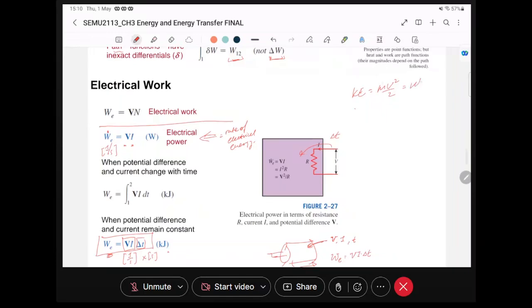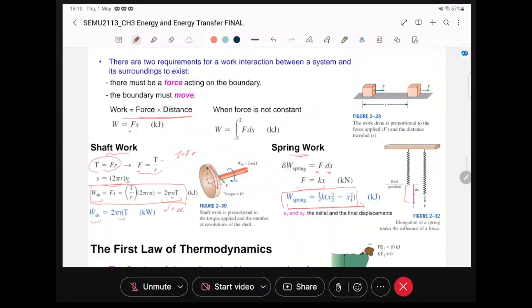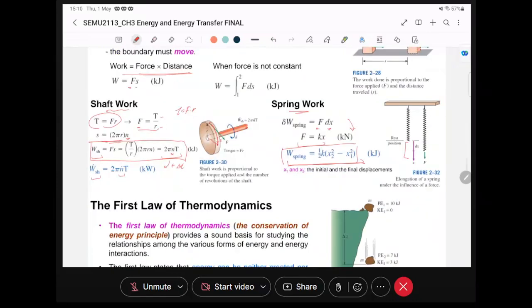This I can write as work in kinetic energy and then work in potential energy. There's another equation for it. So all these are just different equations for different types of work. So very often we just remember it. Of course you can derive it following here, but most of the time we just remember it.